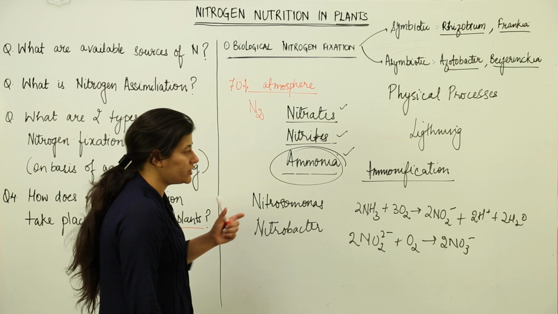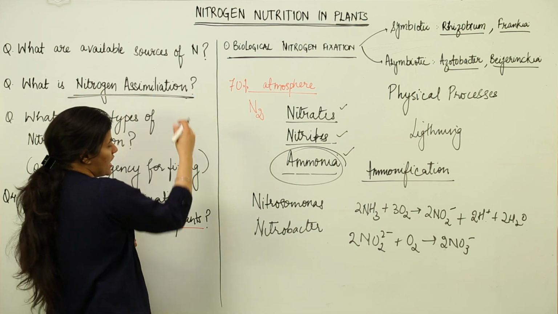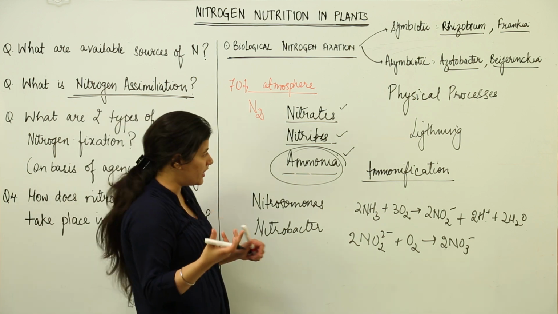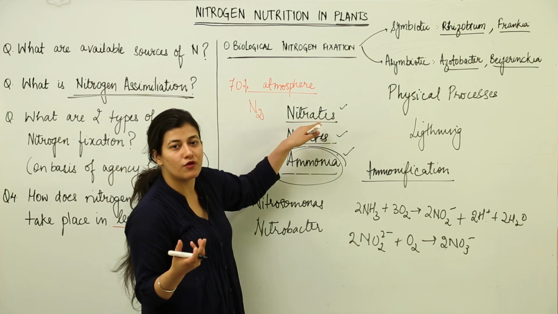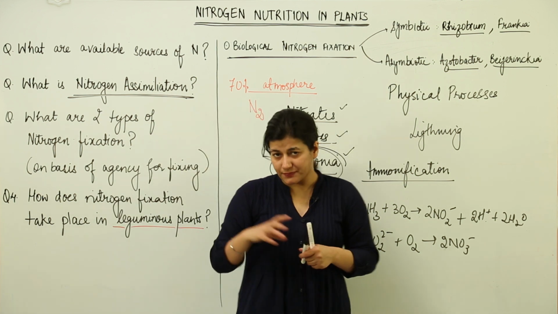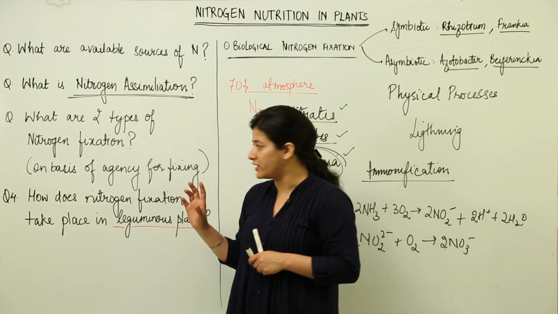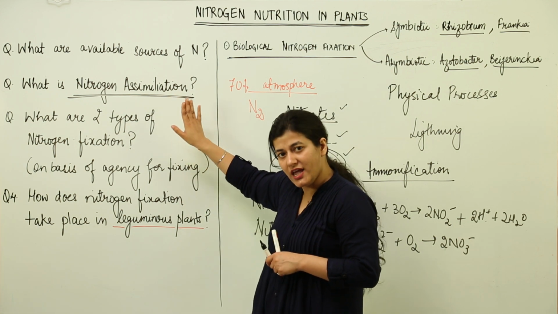Now the question comes, what is nitrogen assimilation? Nitrogen assimilation is the process in which, whether in the form of ammonium ions, nitrites or nitrates, whatever the plant has taken up is utilized in the formation of amino acids and other biomolecules which the plant requires. That is nitrogen assimilation.